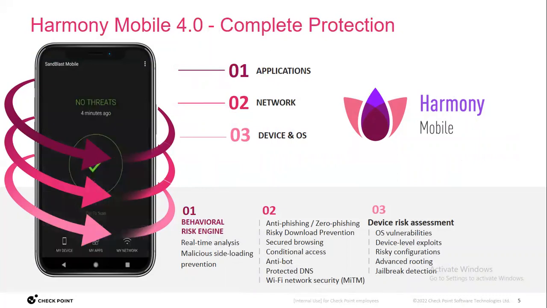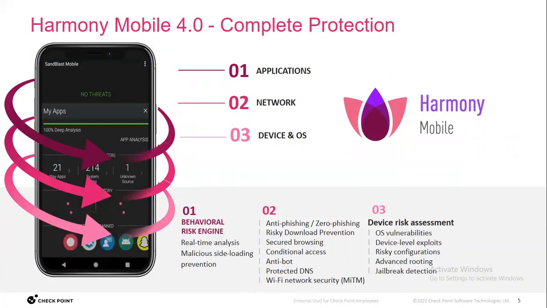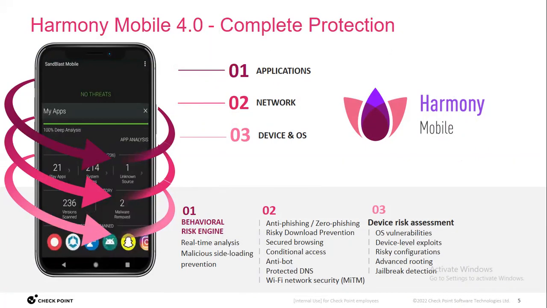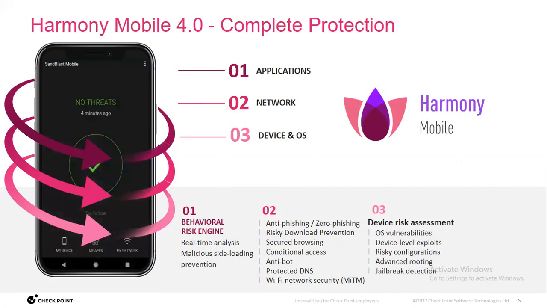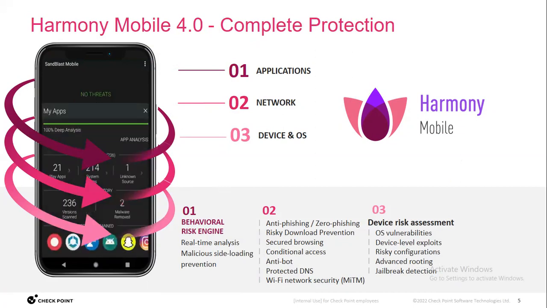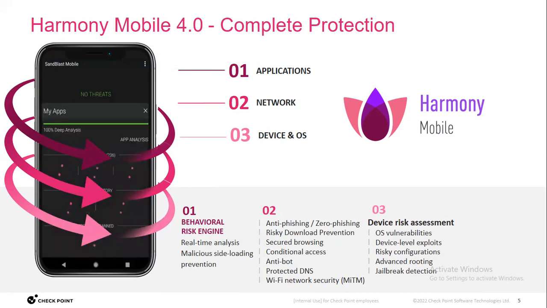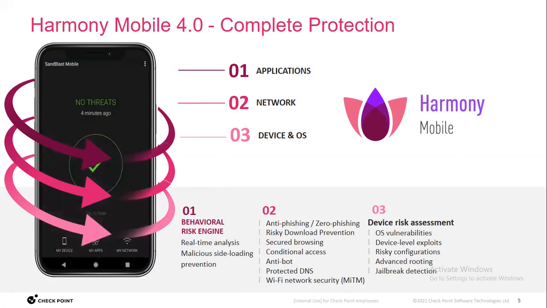We had the big threat features like anti-phishing, risky download prevention, and secure browsing. We had conditional access, which was really important because you see here, there's a no threats indicator that keeps popping up on the thing that moves on the left. That's actually a picture of the agent on a phone.